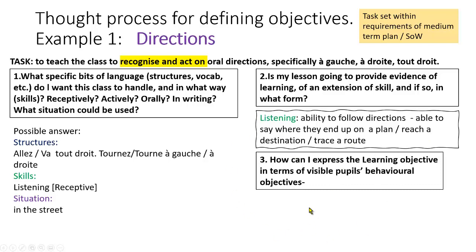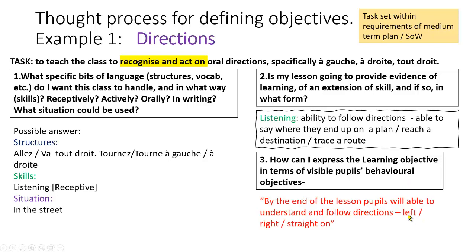And this is what I would always put at the start of any sequence of learning: what will the pupil be able to do at the end of it as a result of it? So what will pupils know, understand and do? How can that be expressed in something you can observe? Here's an idea. By the end of the lesson, pupils will be able to... And by the way, I would always start with that.